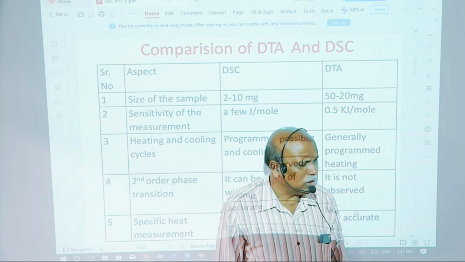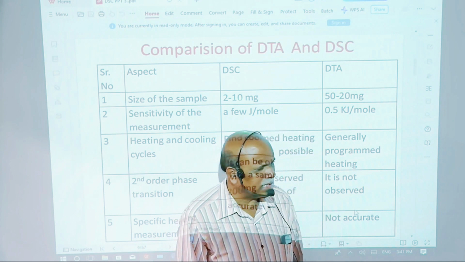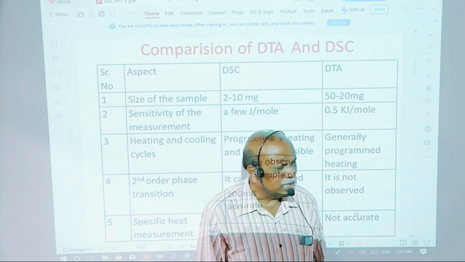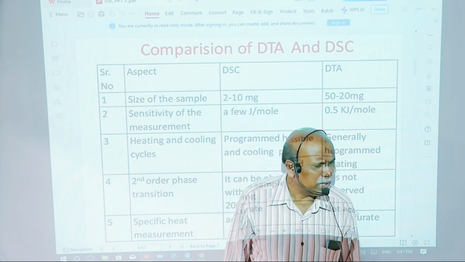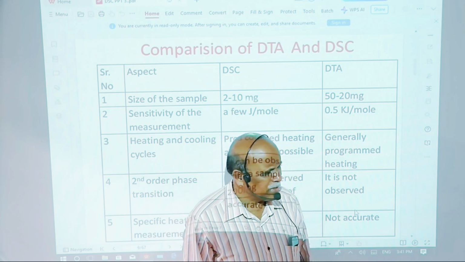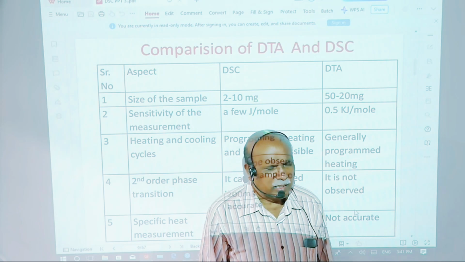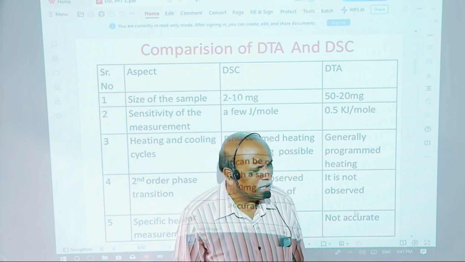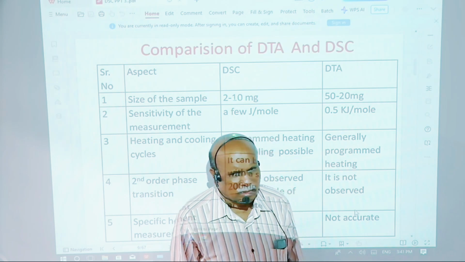For heating and cooling cycles, in DSC programmed heating and cooling is possible, while in DTA generally only programmed heating. Specific heat is measured accurately in DSC, but not accurately in DTA.